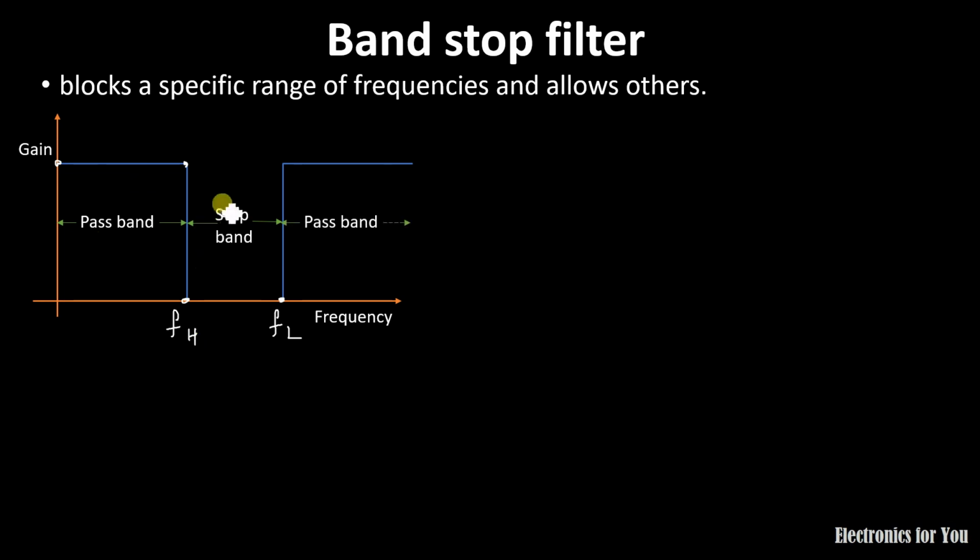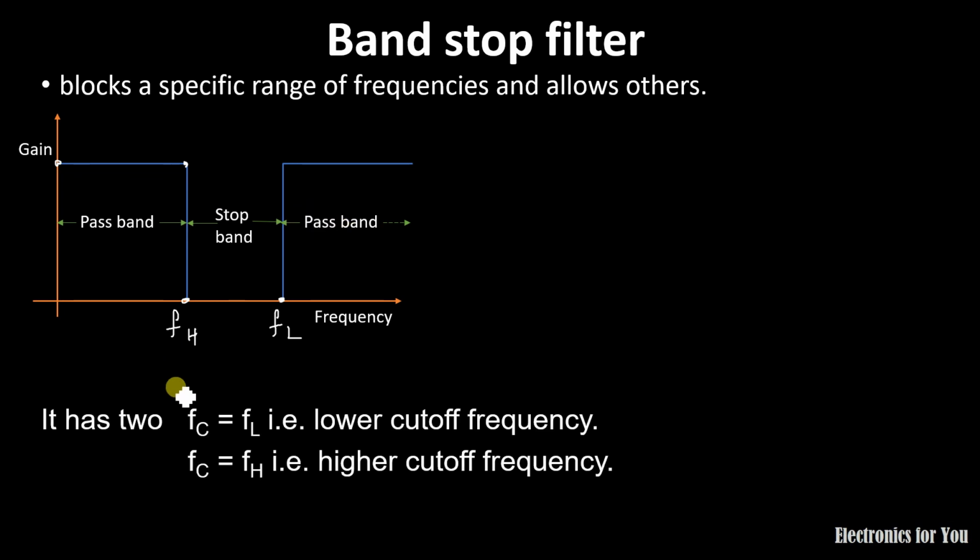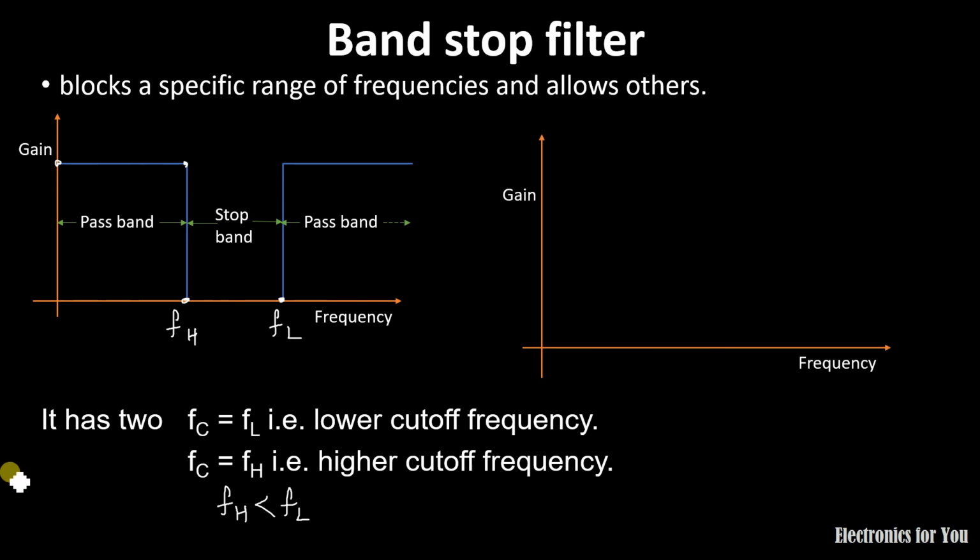Now it has one stop band and two pass bands. These two frequencies are FL and FH, but here note that your FH is less than FL. Again, it is a combination of a low pass filter and a high pass filter. We will see it in our subsequent lecture.